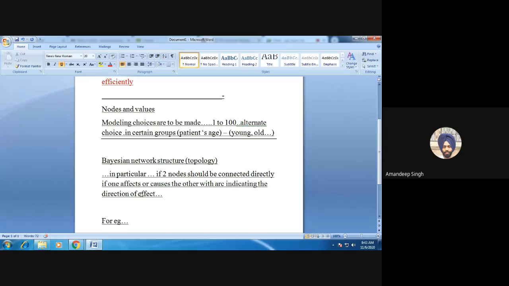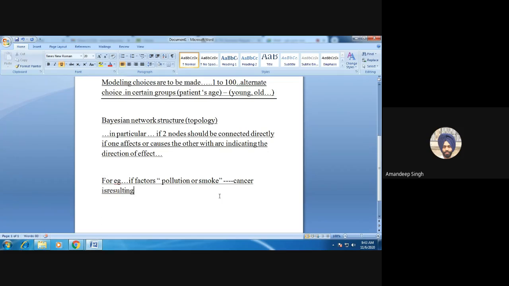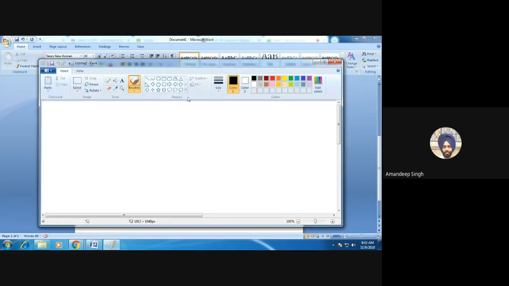So assuming that factors like pollution or smoke result in cancer, how can we capture this in our Bayesian network? Fine. So the concept that we just discussed is like this.